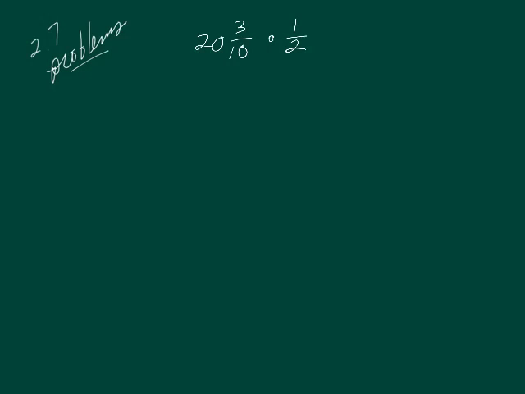So we're going to go ahead and change 20 and 3/10 to an improper fraction. So that's going to be 203 over 10 times 1/2. And that gives me 203 over 20.